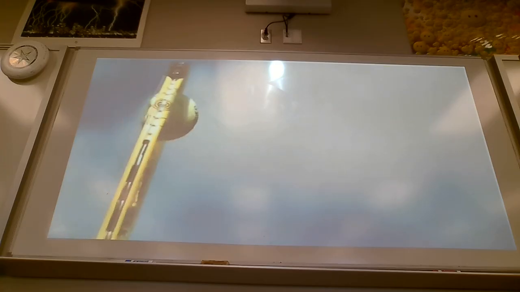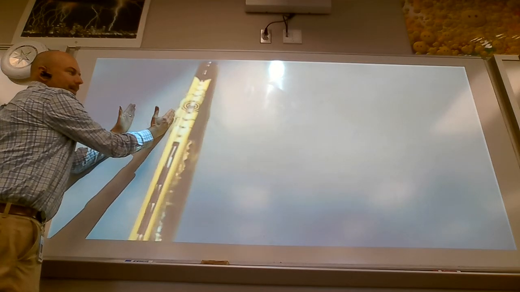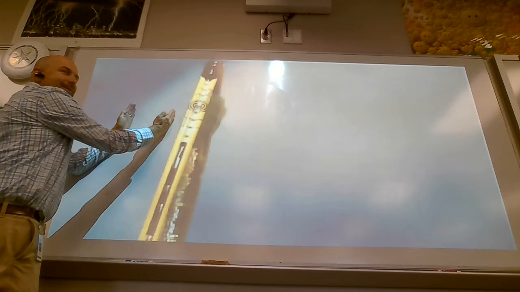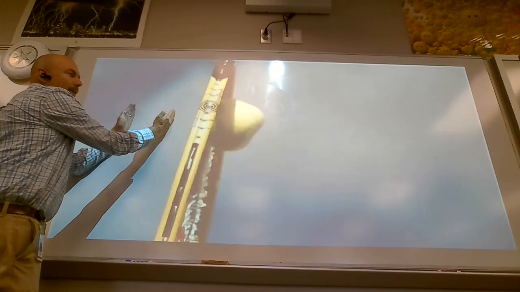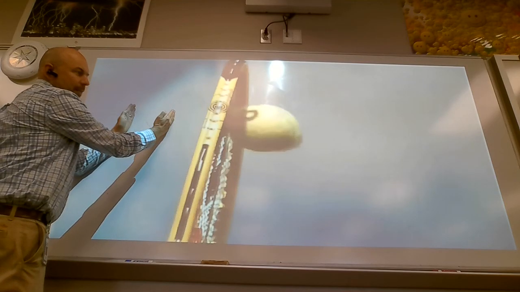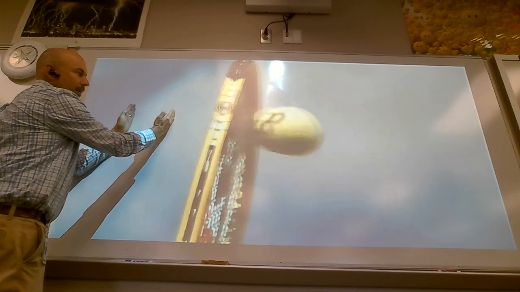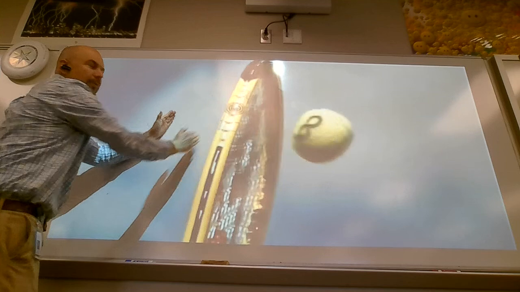If you didn't follow through, you would stop right here. Notice how flat that tennis ball gets. From all this is following through, the tennis ball leaves the racket about right there. So from here to here was follow through.